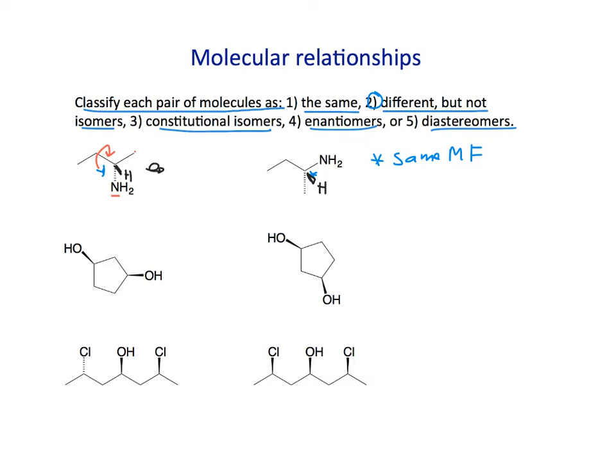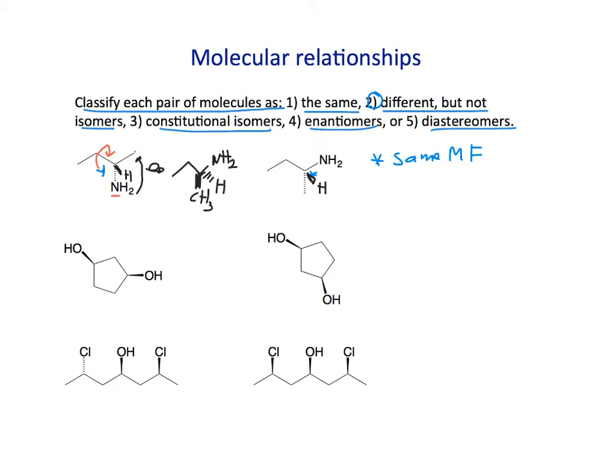So we rotate this. We're going to get it like this, NH2. So it's gone from the back up to the top. The methyl group will go from the top down in front. And the H will go from the front to the back. All right, so these two are the same.